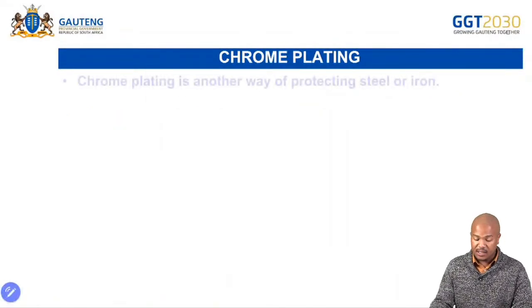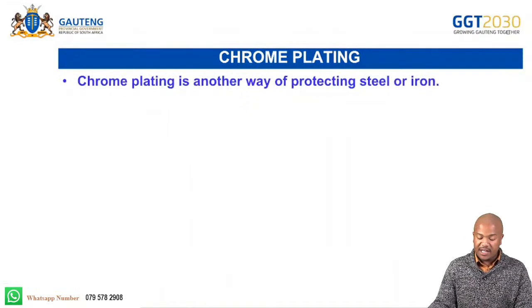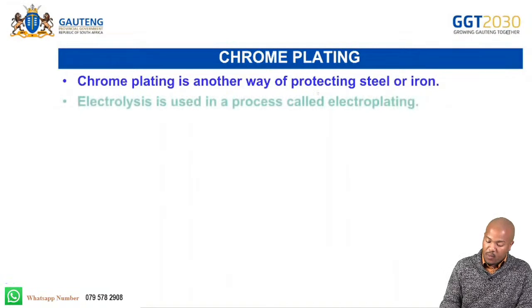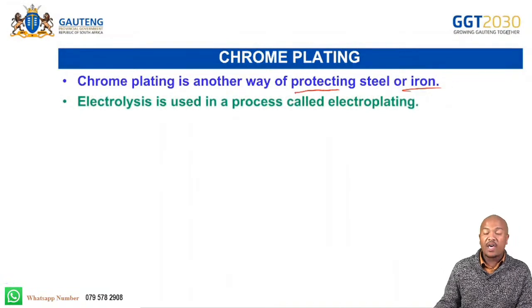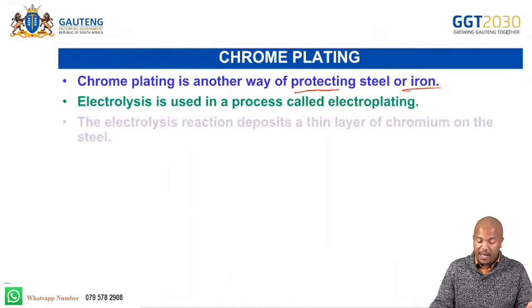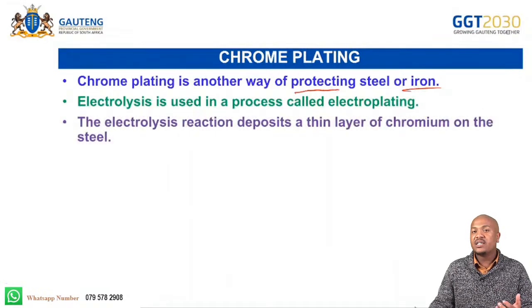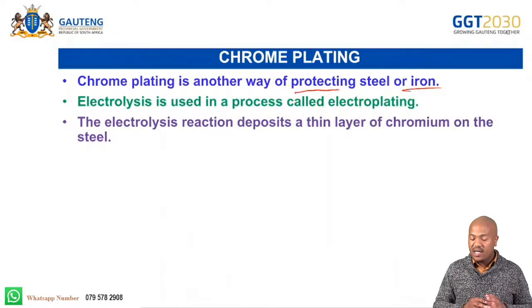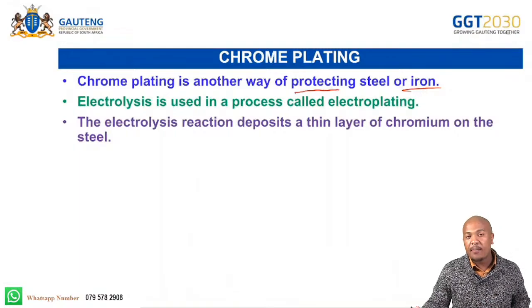Now, another process that you can use to prevent rust is chrome plating. Chrome plating is another way of protecting steel or iron. So electrolysis is used in a process called electroplating. The electrolysis reaction deposits a thin layer of chromium on the steel.